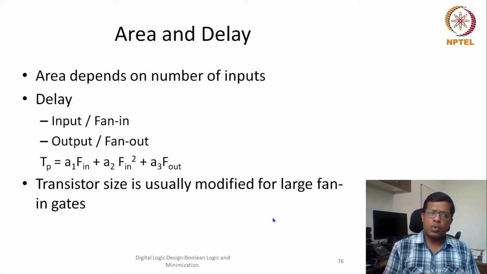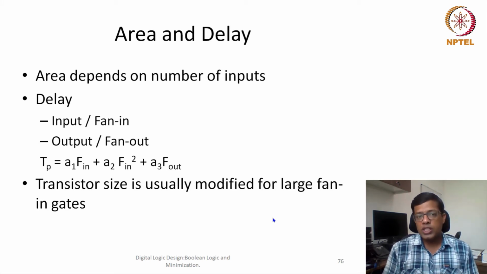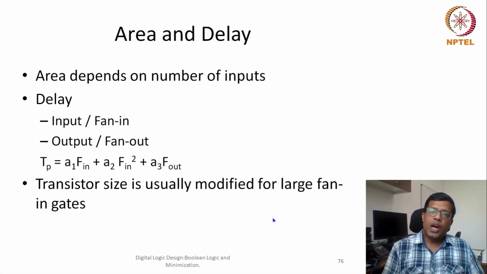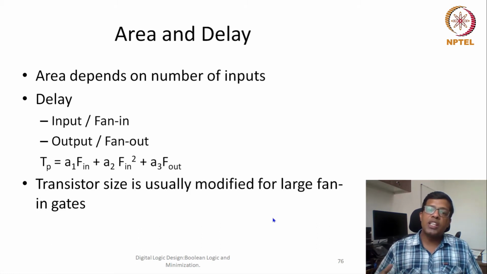Further, designers who design all these gates know that fan-in has a severe impact on the delay, so they also do some things in the design to counter that. For example, they change the internal design, how the length and breadth of the transistor is designed, so that delay doesn't increase super linearly.